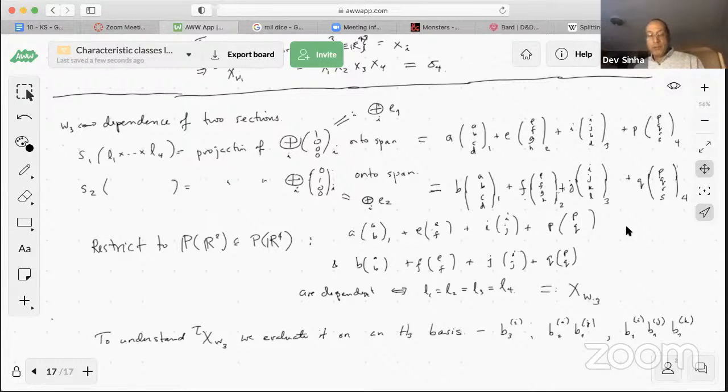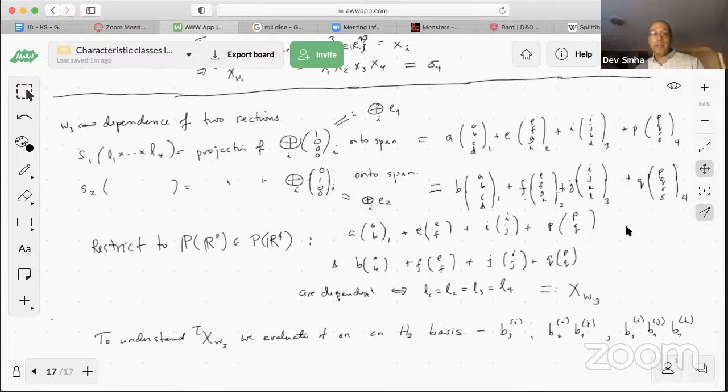Let's see. I mean, now I'm thinking that there's actually something more to say there, but let's stick with just this focus on the first 2 coordinates. Then these 2 vectors are dependent.